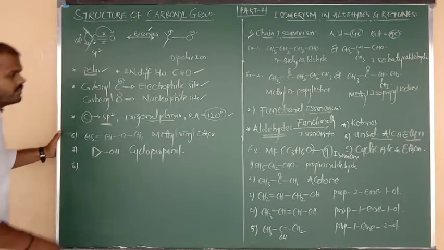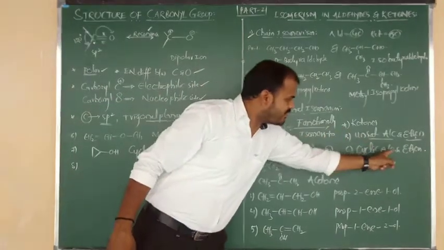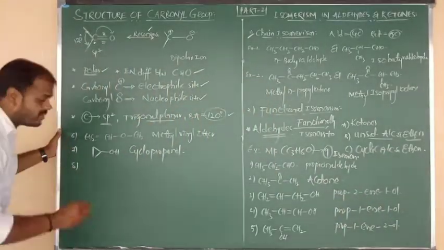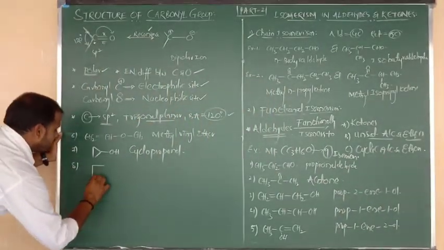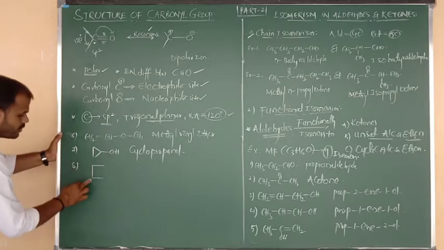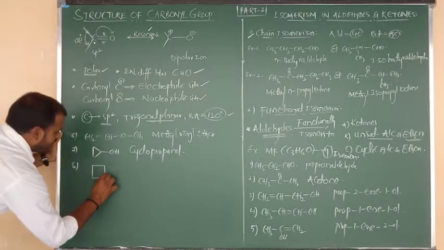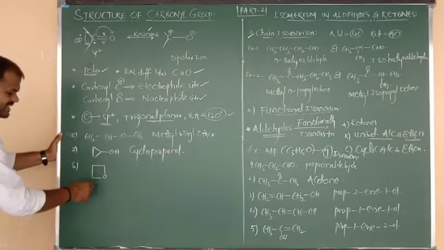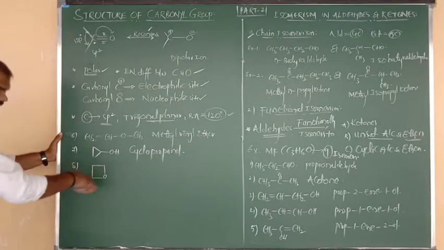Next, they are also functionally isomer with what? Cyclic ether. How many carbons are there? Carbon 1, carbon 2, carbon 3, and both are connected to oxygen. Same formula C3H6O, but this is a cyclic ether, COC.